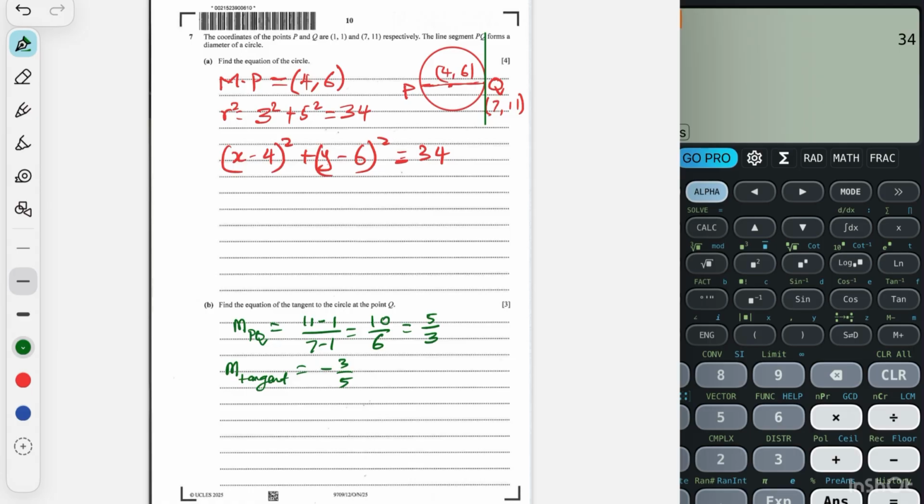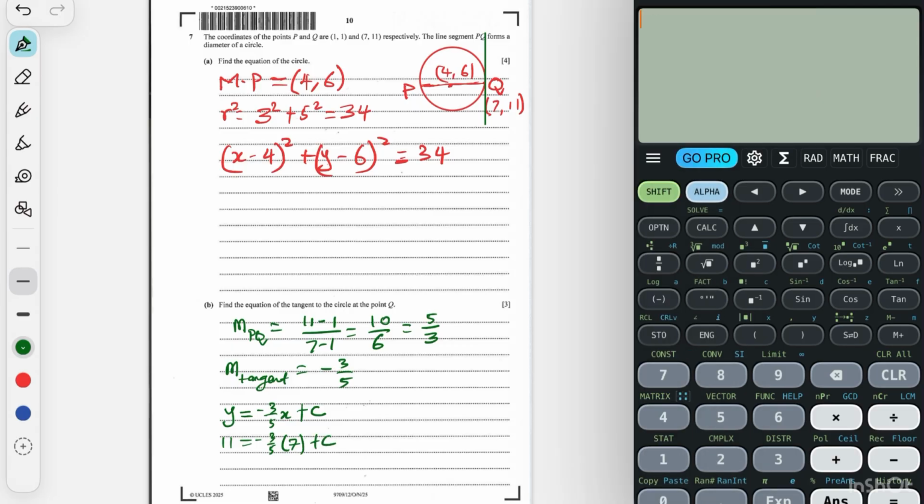So point Q. My equation will be y, you can use the other formula, anyone you like. So y is equal to minus 3 over 5 x plus c. From here I can easily find c. So my y is 11, equal to minus 3 over 5 times 7 plus c.